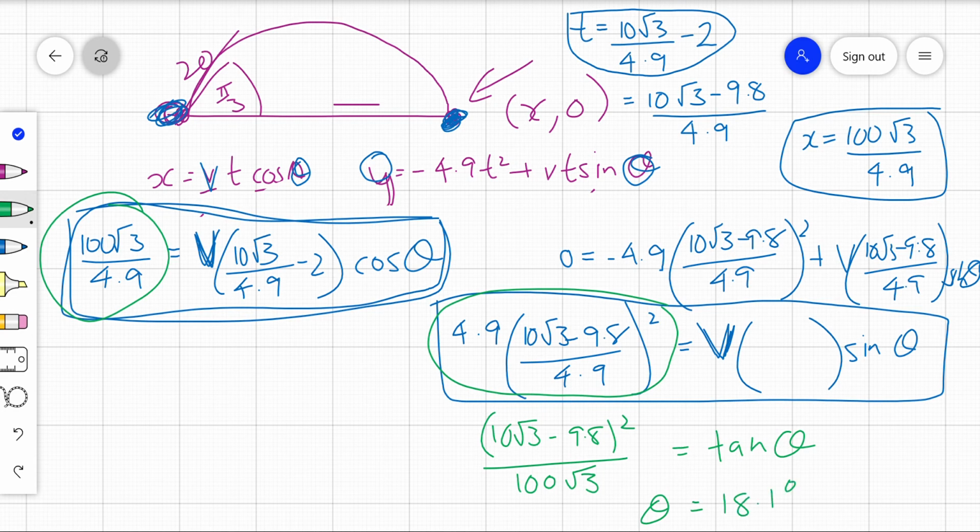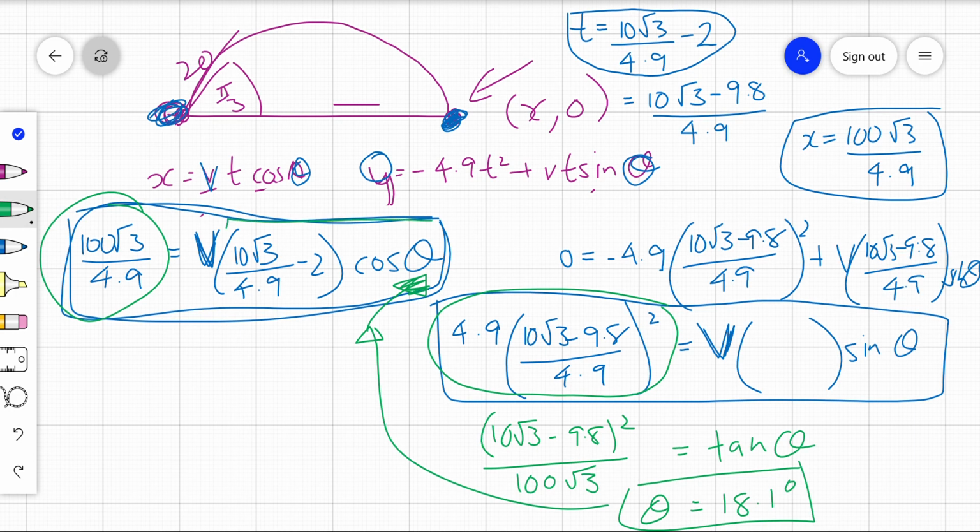So there now I've got my angle of projection. And then, of course, which one would you sub it in to find your initial velocity? Probably the easier one, or the one with less squares, less terms originally. If you sub it into this one, into the angle here, it's now cos of 18.1 degrees there.